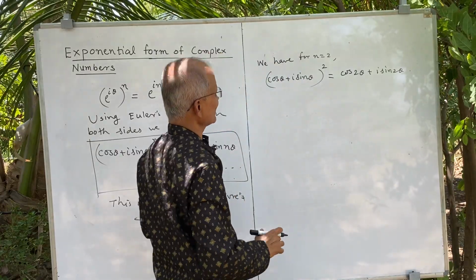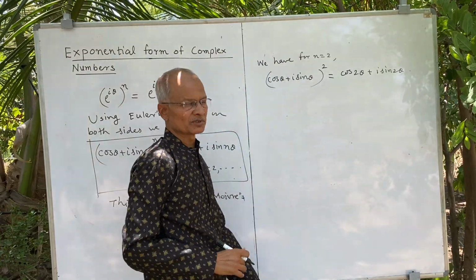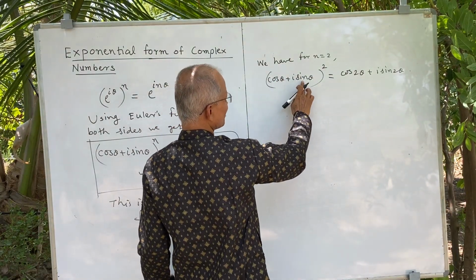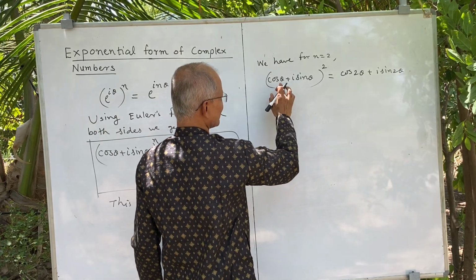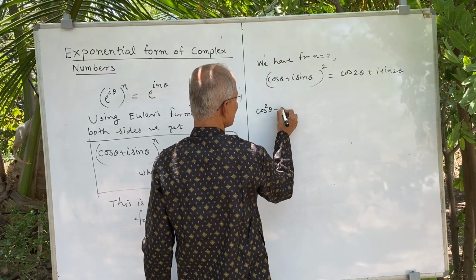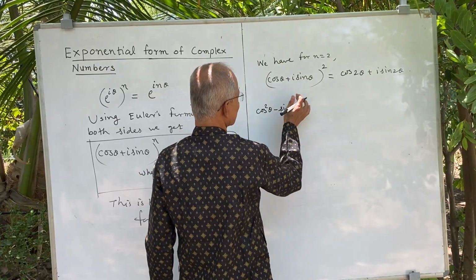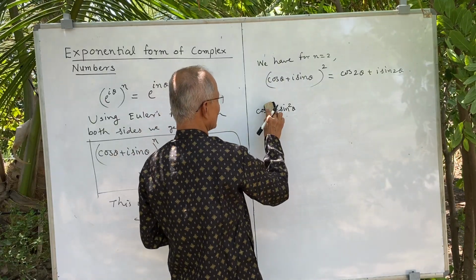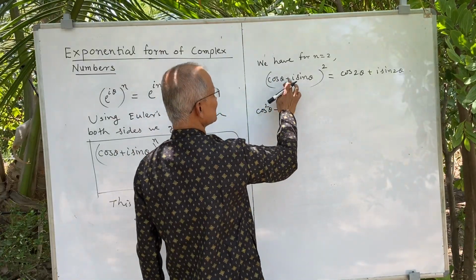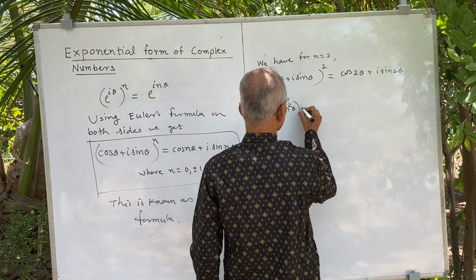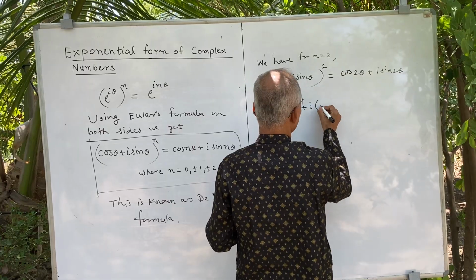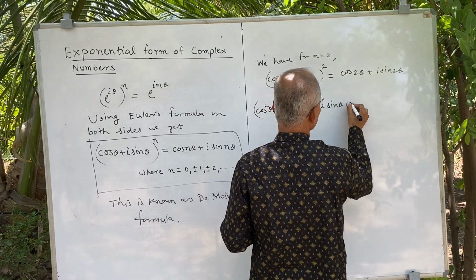Now what is the LHS? LHS we can expand this, a plus b whole square, a square plus b square plus 2ab, and see cos square theta plus i square sin square theta, that i square is minus 1, therefore it will be cos square theta minus sin square theta is the real part of this expansion, and what is the imaginary part or the middle term is plus 2 times i sin theta cos theta, or I shall write i separate, 2 times sin theta into cos theta.